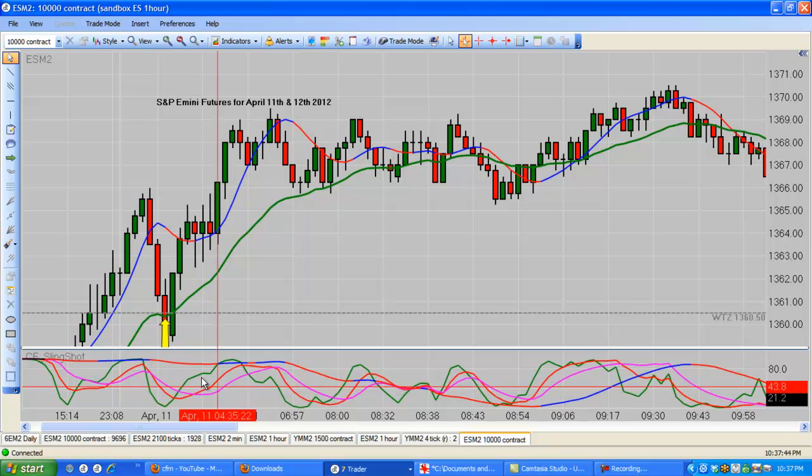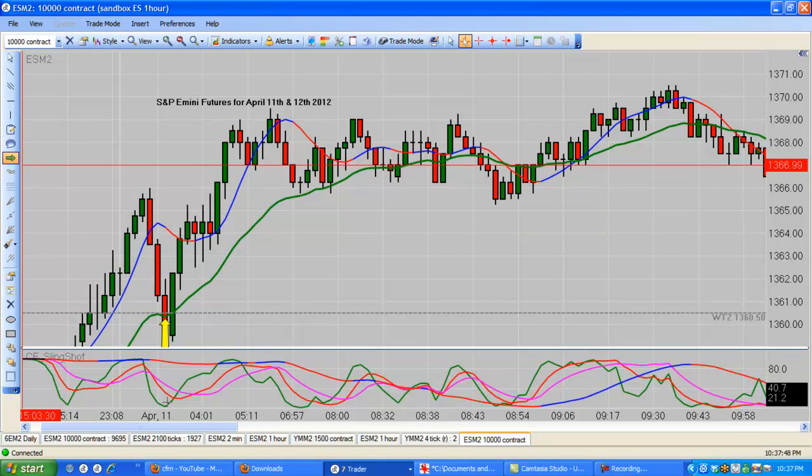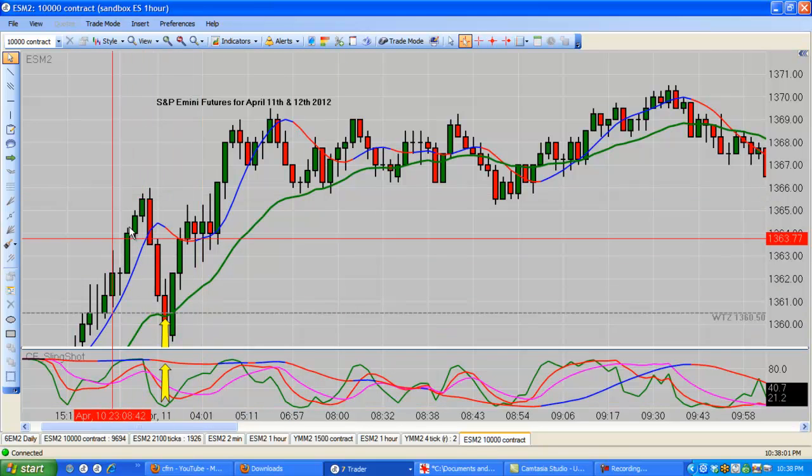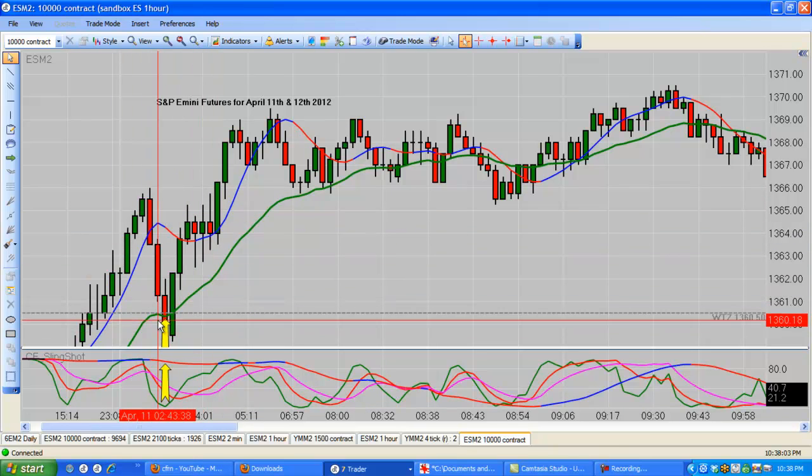Now I'm going to tell you that this right here, I'm not going to go into great details, I'm just going to tell you that this indicator right here is saying get long. Everything I've been showing over the past videos, we know that this is telling us to get long.